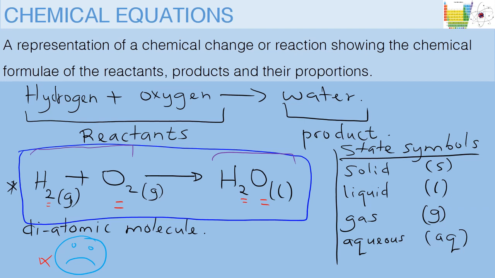Now, for us to balance oxygen, we will need to make sure that the number of oxygen on the reactant side is the same as the number of oxygen on the product side. In this case, we are going to add a 2 before the water molecule, like this.